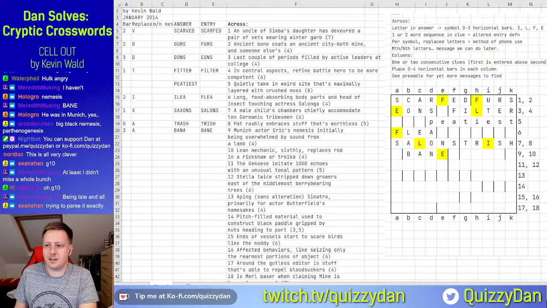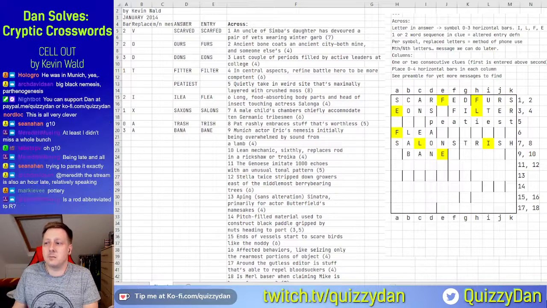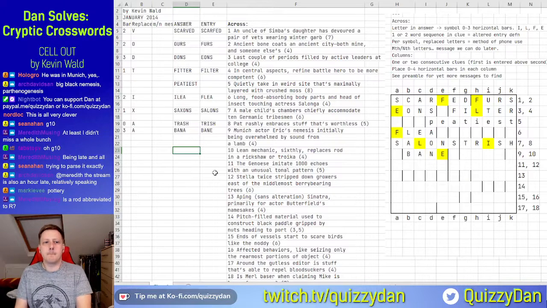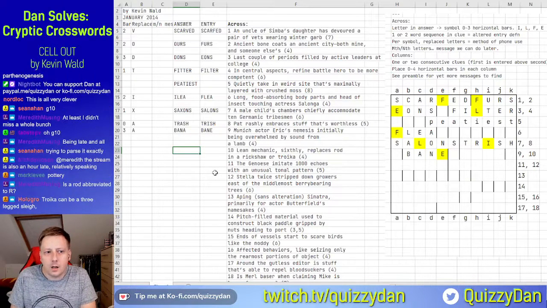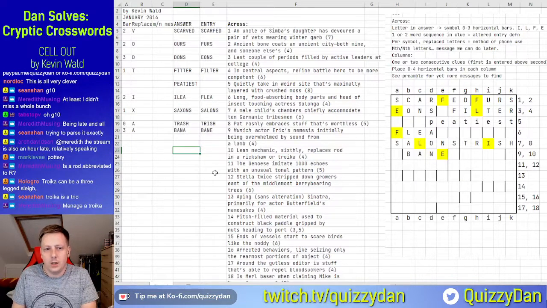So is it related to that? A troika is a Russian vehicle pulled by a team of 3 horses abreast, or a group of 3 people working together in an administrative or managerial capacity. Okay, so rod could be R. So N replaces R in a rickshaw. So, okay, if troika is a trio, is it trio then?